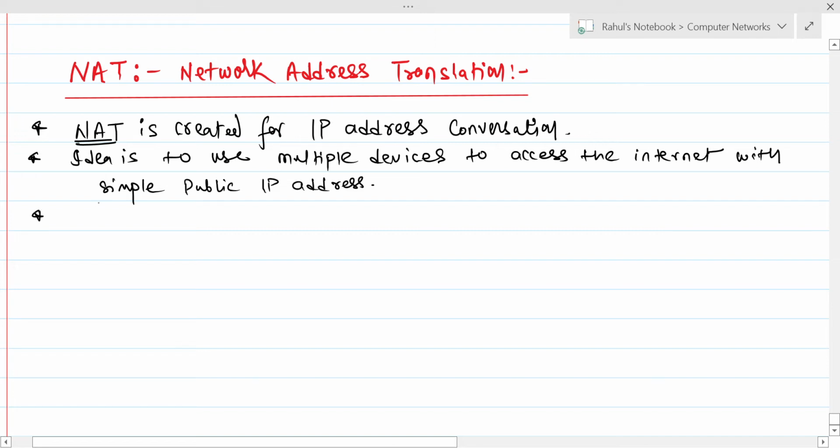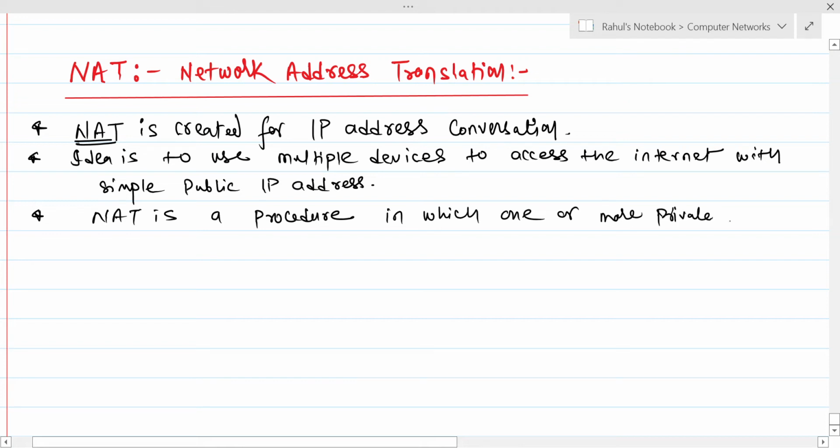Point number 3 is network address translation is a procedure in which one or more private IP addresses are converted into a public IP address and vice versa, right?